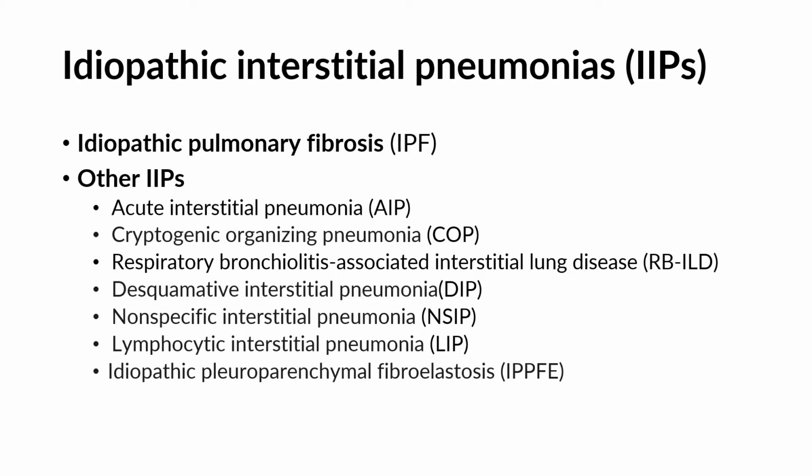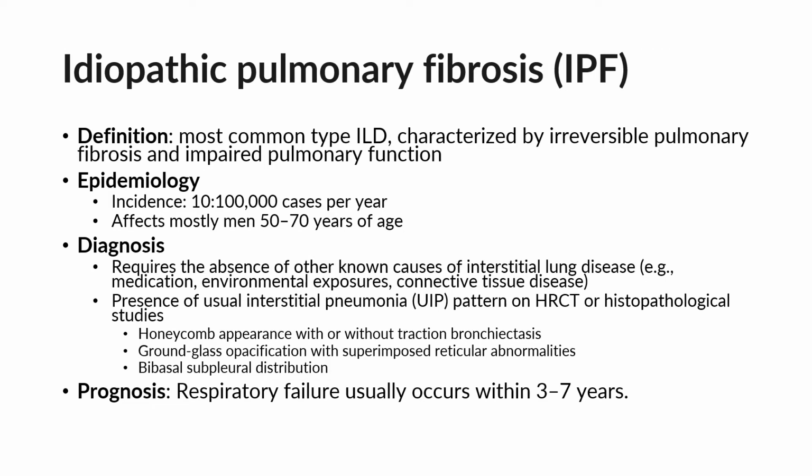Now, idiopathic interstitial pneumonias: idiopathic pulmonary fibrosis, IPF, and other IIPs, like acute interstitial pneumonia, cryptogenic organizing pneumonia, respiratory bronchiolitis associated interstitial lung disease, desquamative interstitial pneumonia, non-specific interstitial pneumonia, lymphocytic interstitial pneumonia, and idiopathic pleuroparenchymal fibroelastosis.